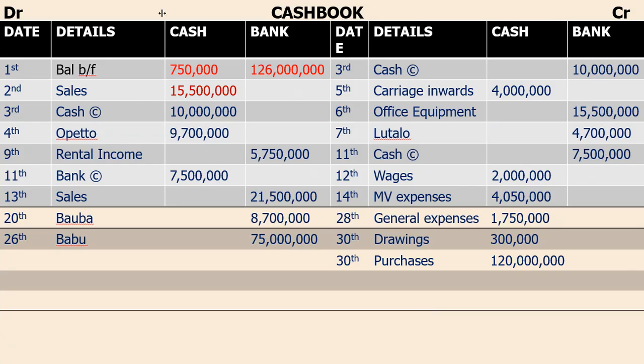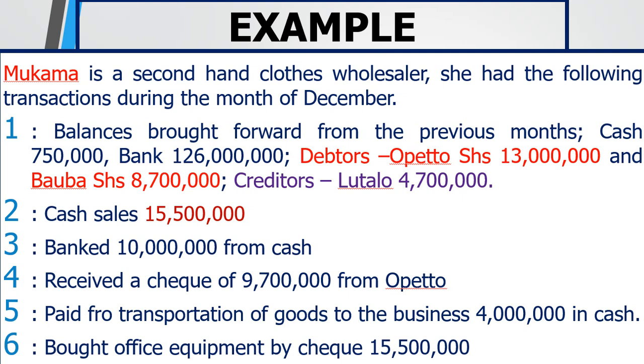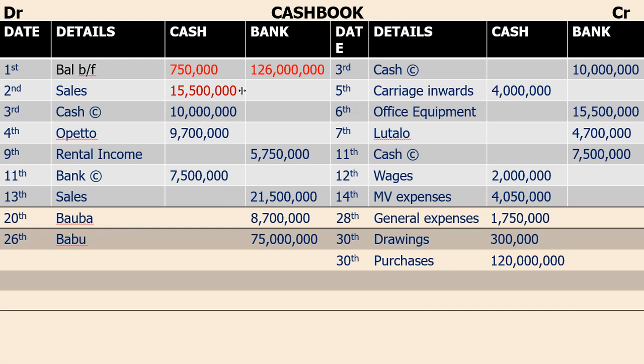It is going to affect both the debit side of the cash book and the credit side of the cash book. And this is the transaction that happened on third. Banked from cash. We are going to debit bank. This transaction will come here. We debit because, why?